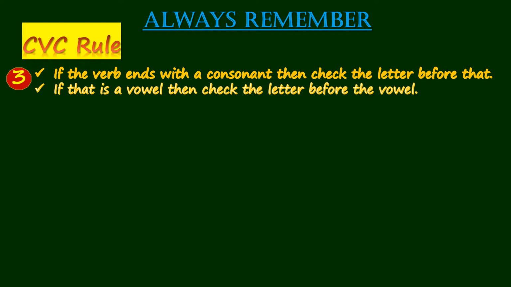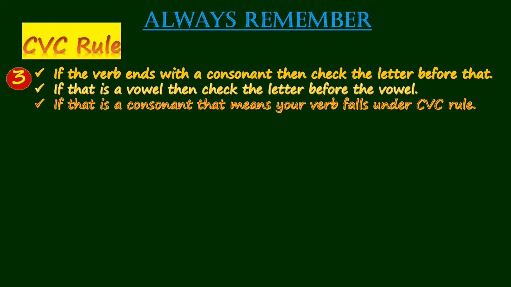Okay, so you need to check the third last one also. If that one is a consonant, that means your verb is falling under the category of CVC rule. Now, what will happen if it falls under CVC rule? If your verb is falling under the category of CVC rule, then before you add ing, you need to double the last letter.